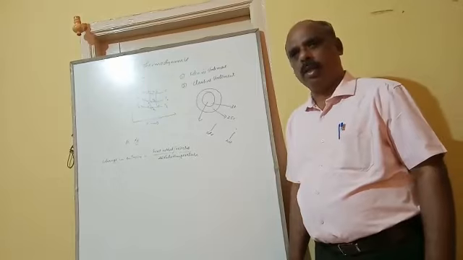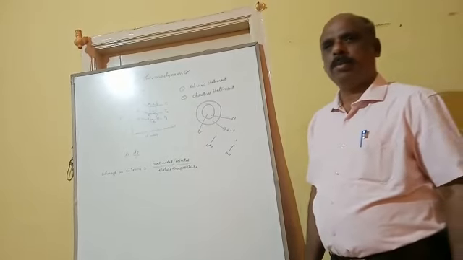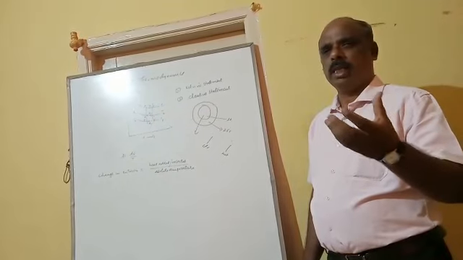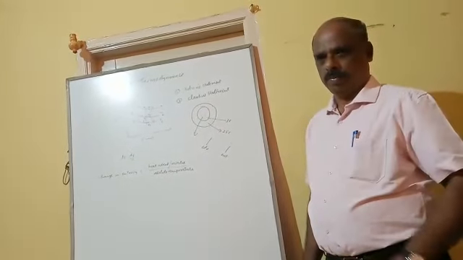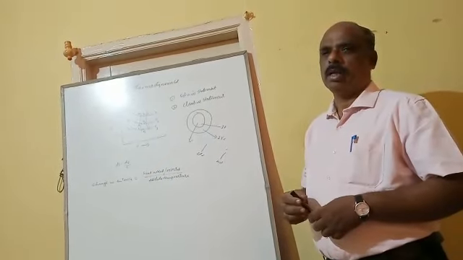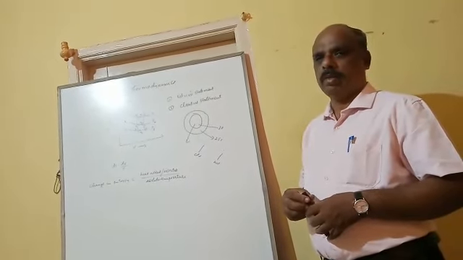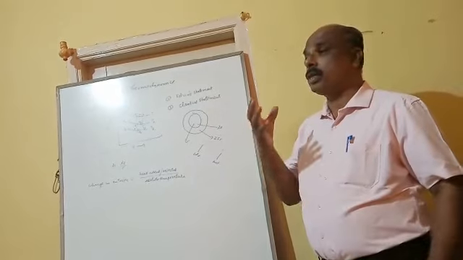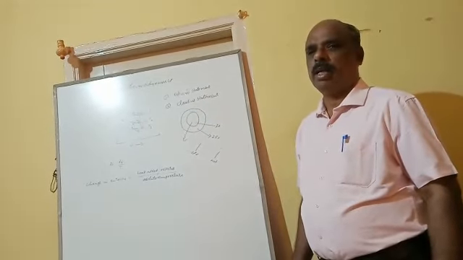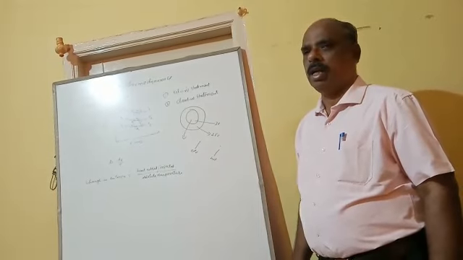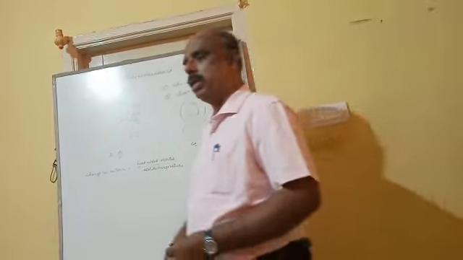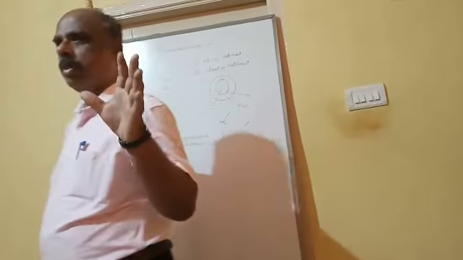So because of that, the second law of thermodynamics came into existence. The second law describes very clearly the amount of energy that is converted into work. This second law was given in terms of statements by two great scientists, Kelvin and Clausius. In the syllabus, only the statements are mentioned.